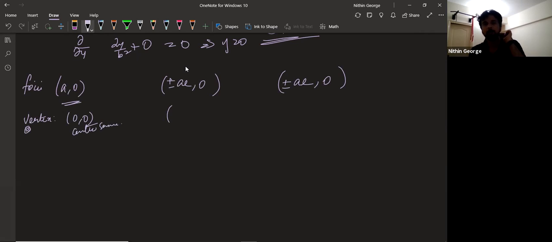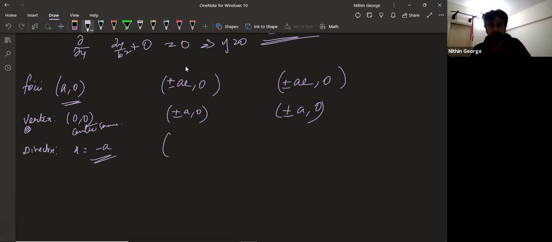Okay. Now, here it will be plus or minus a comma 0. All right. And what else do we have? We have directrix. Directrix is x equal to minus a. Right. In this case, it will be x equal to plus or minus a by e. Same for this here. Okay.